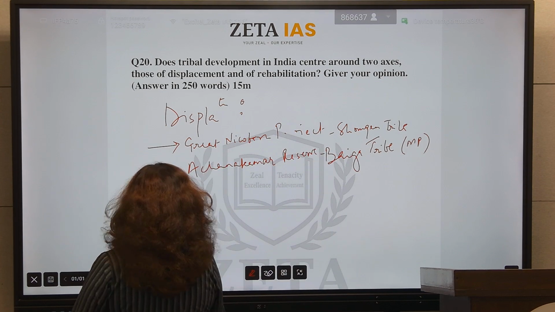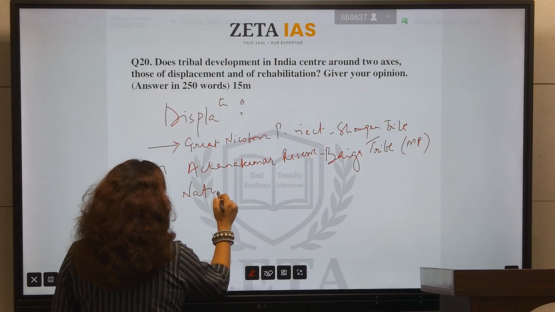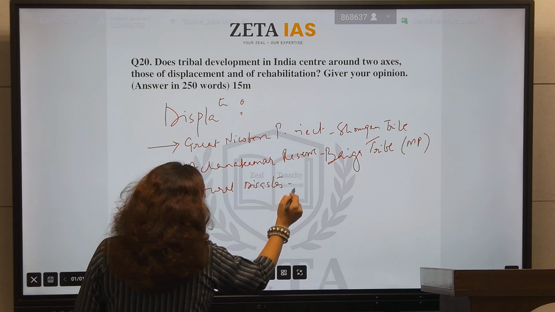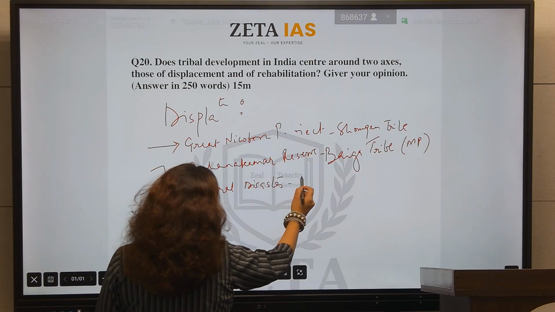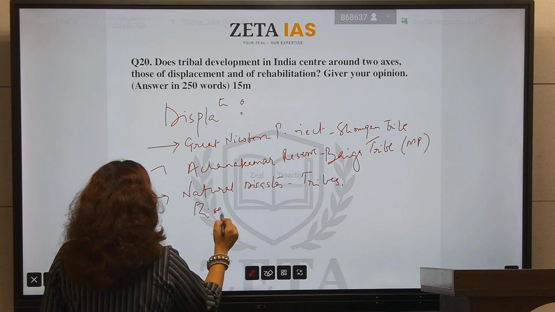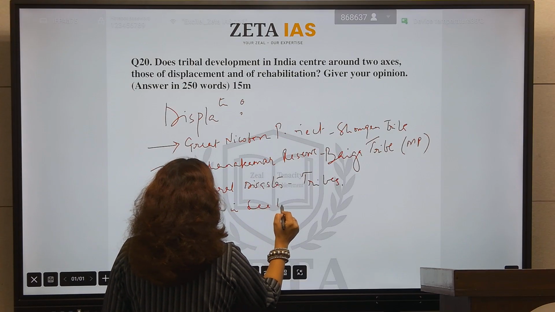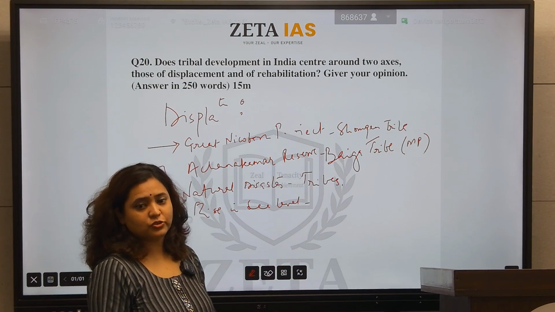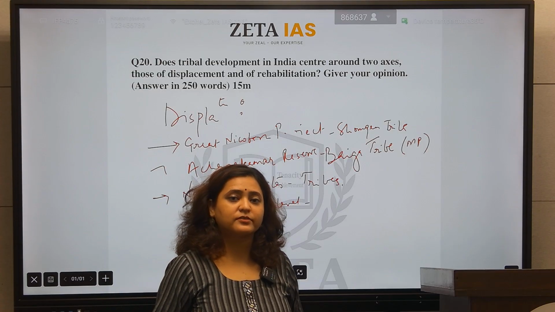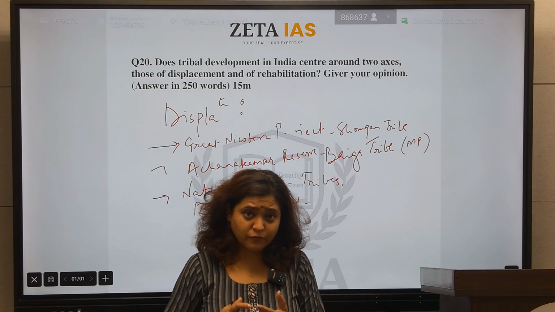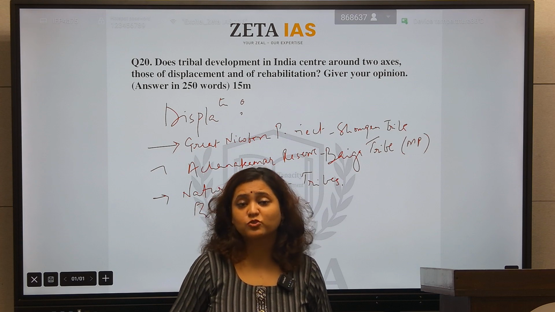Then, if there is any natural disaster, for example floods in Assam, then again the tribes are affected. And any form of rise in sea level. For example, the construction of the Dehradun-Delhi highway has affected the life of Gujjars, who are forest dwellers and practice transhumance.